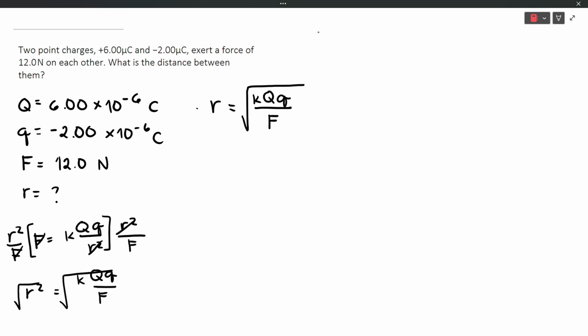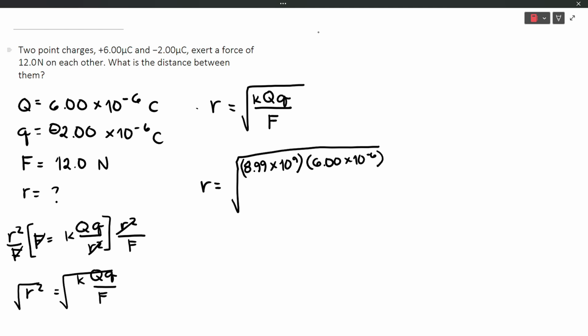Now, solving for that, R is equal to the square root of 8.99 times 10 raised to 9 times the charge, the first charge, 6.00 times 10 raised to negative 6. Now, for the second charge, we will remove your negative sign because that will result to a negative value.